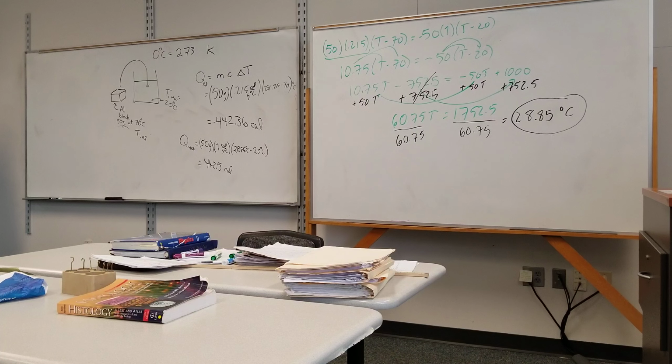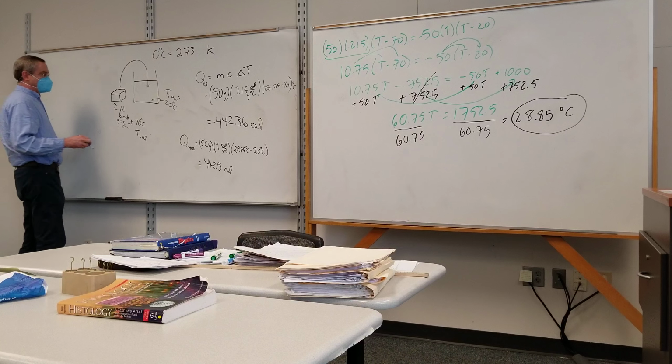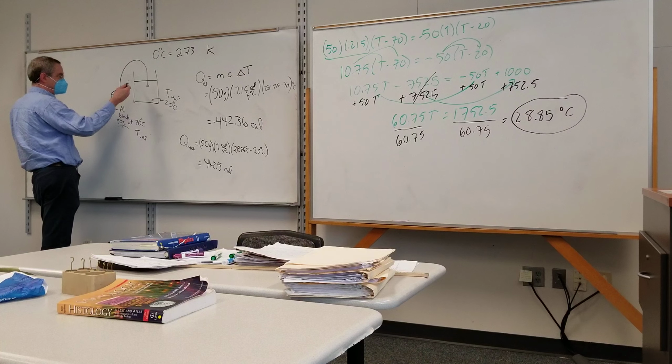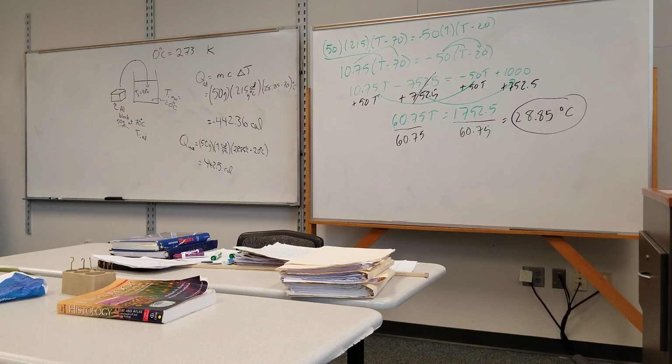All right. This time, I'm gonna give you the final temperature, and we have to figure out how much water there is. So, let's put the final temperature, TF, to be 30 degrees Celsius. How much water is there?